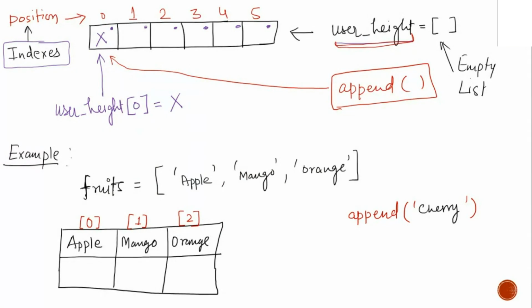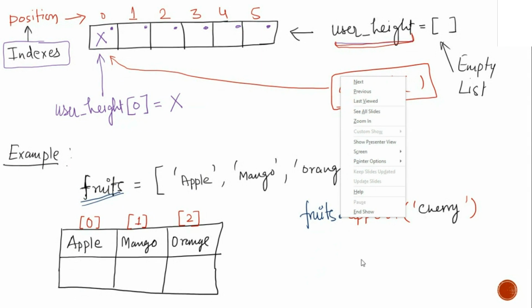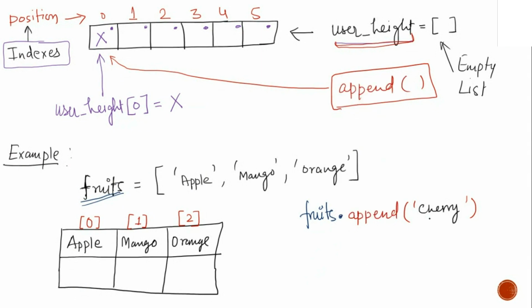So how am I going to use it? I will use it like this. See it carefully, I will be using fruits, this is my fruits, dot append, fruits dot append, and then what is going to happen is that this will create one more value in the list.